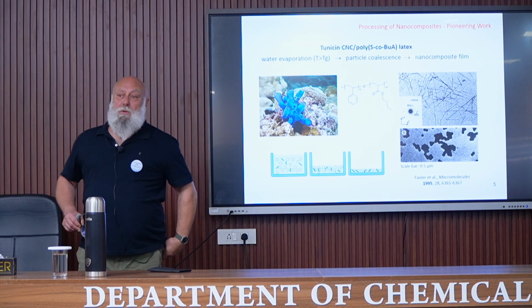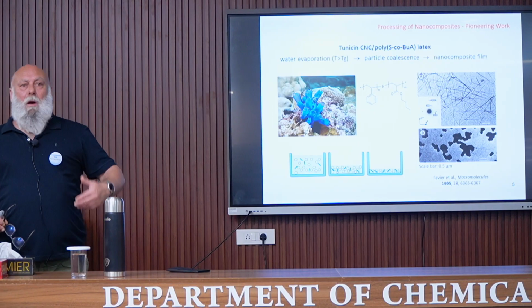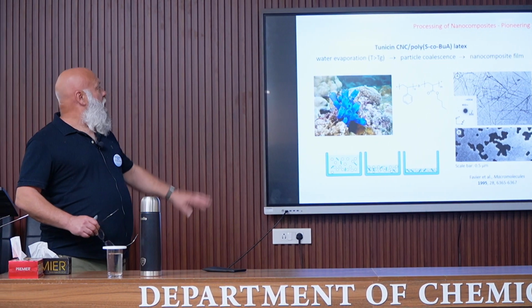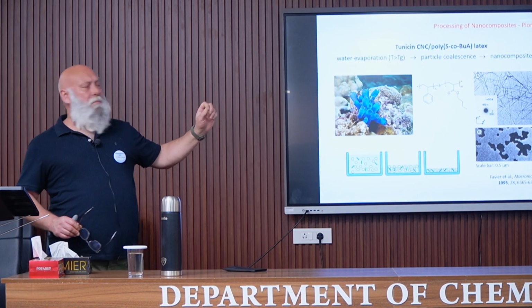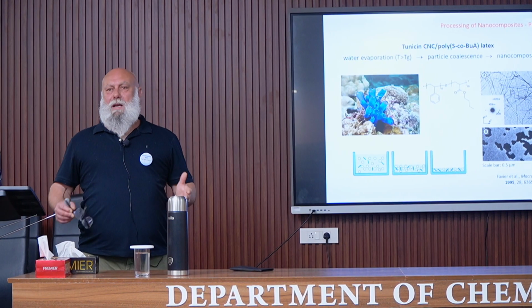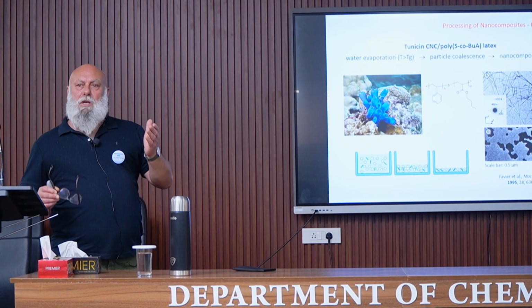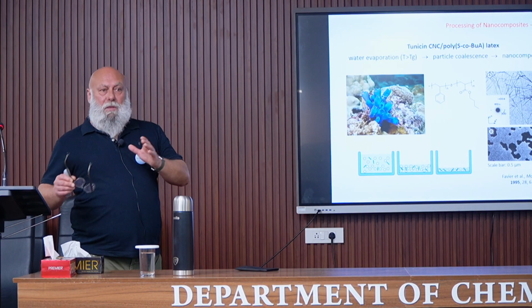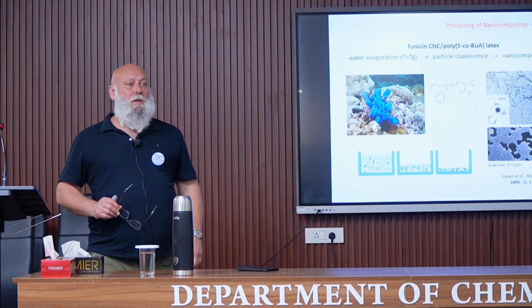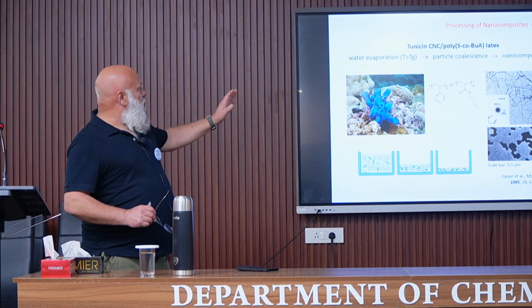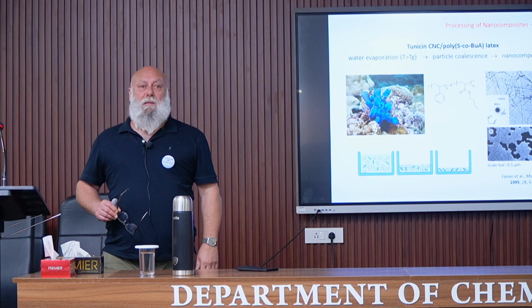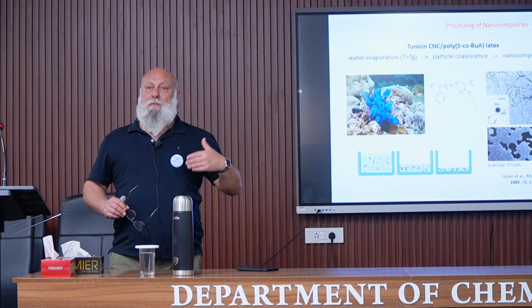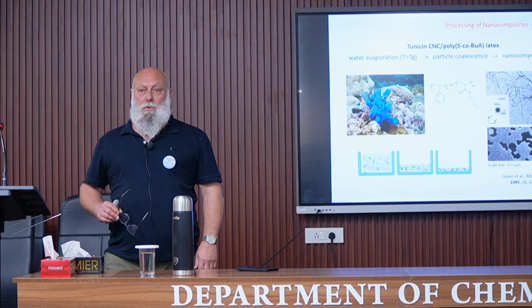So it's necessary to evaporate water above the Tg of the polymer. In this case, it was interesting. It's a kind of model matrix because by changing the ratio of styrene and butyl acrylate, it's possible to adjust the Tg of the polymer. And in this case, Tg was around 0 degrees Celsius, meaning that evaporation can be performed at room temperature.